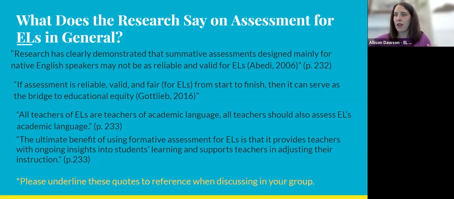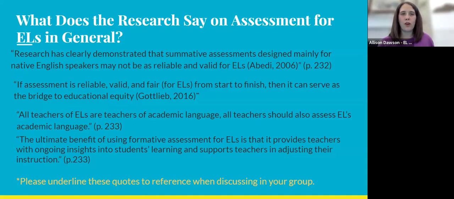So the first one is on page 232. It's in the middle of the page, and it starts with research. It says, research has clearly demonstrated that summative assessments designed mainly for native English speakers may not be as reliable and valid for English learners. So if you want to find that one, you can underline that.